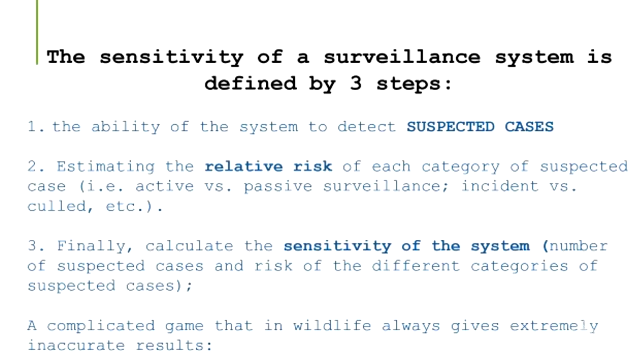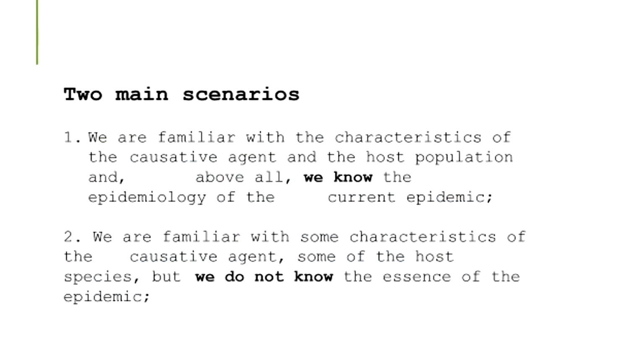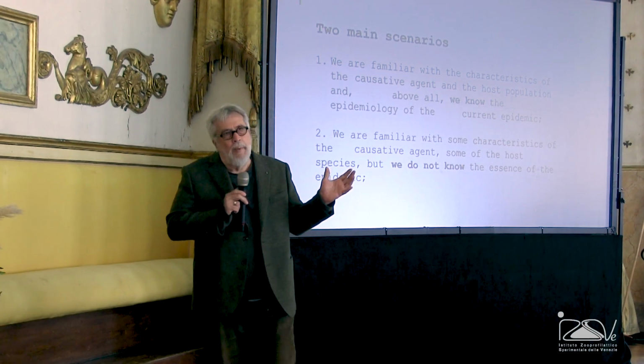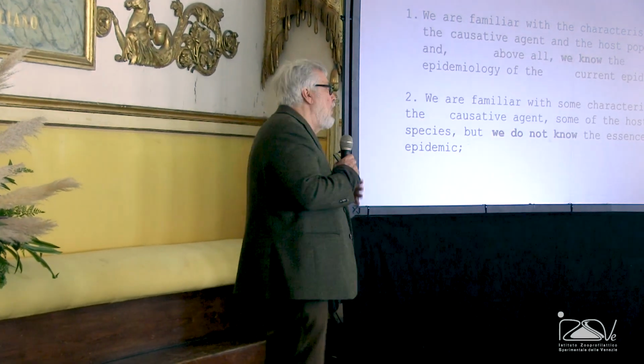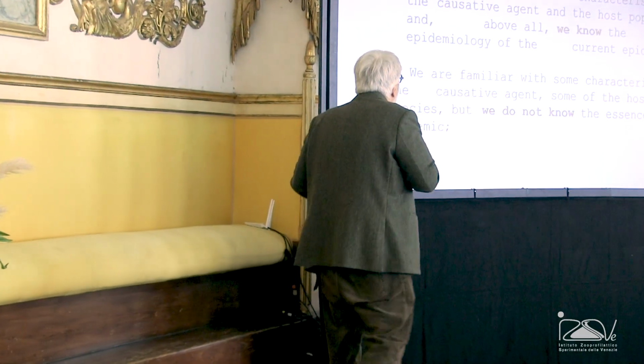Anyway, so we have 2 main scenarios. One scenario is when we are familiar with the characteristic of the causative agent, the host population, and mainly we know the epidemiology of the current epidemic. We know what we are talking about. We know how many hosts, we know the prevalence in the host, we know the distribution of the host, and so on and so on.